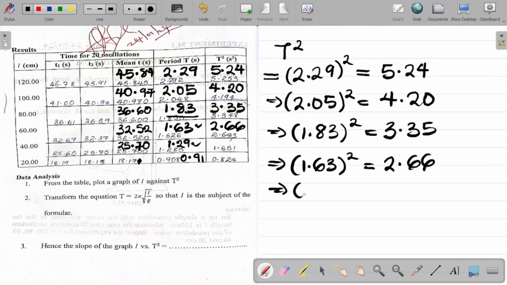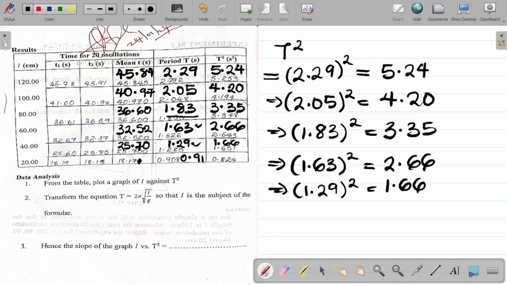Okay. Next up, I have this one here, 1.29, all squared. 1.29 squared is about 1.66. So I'll have here 1.66. Finally, I have 0.91 squared.